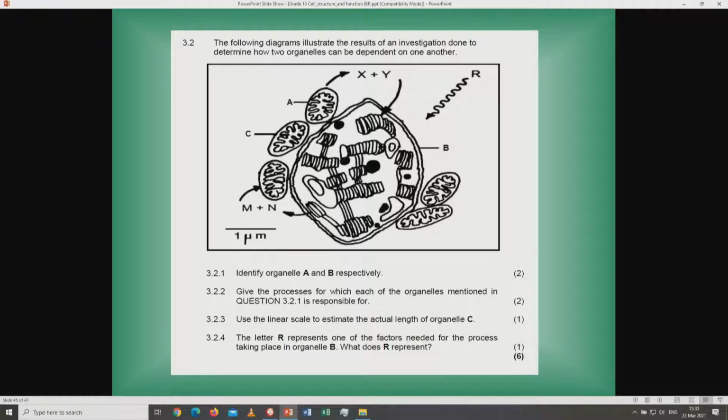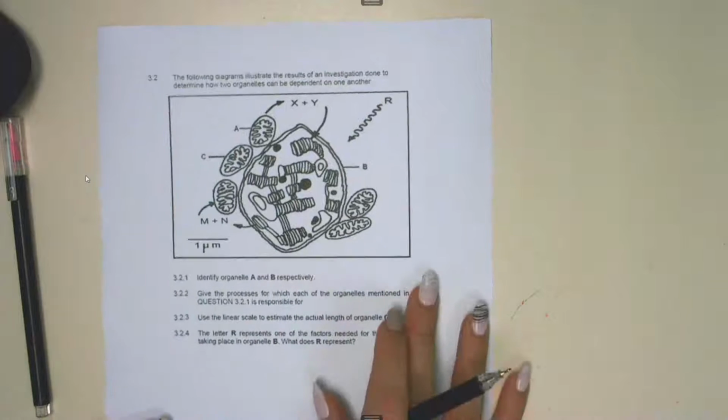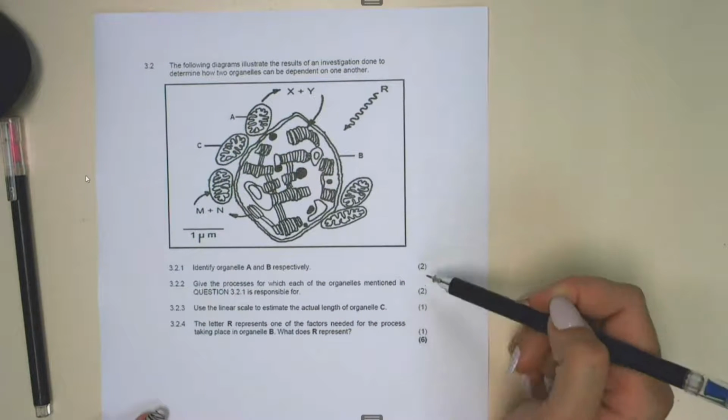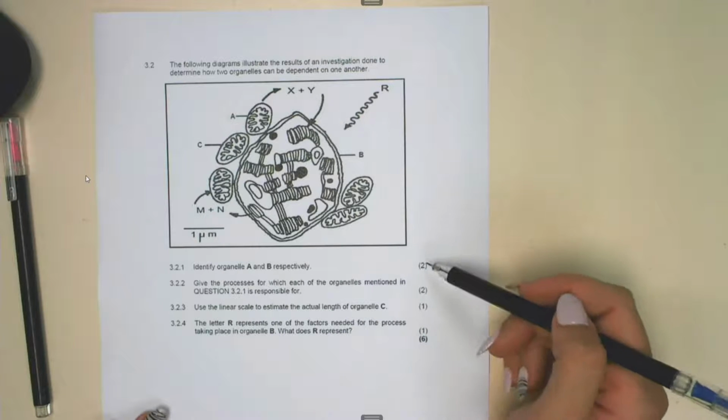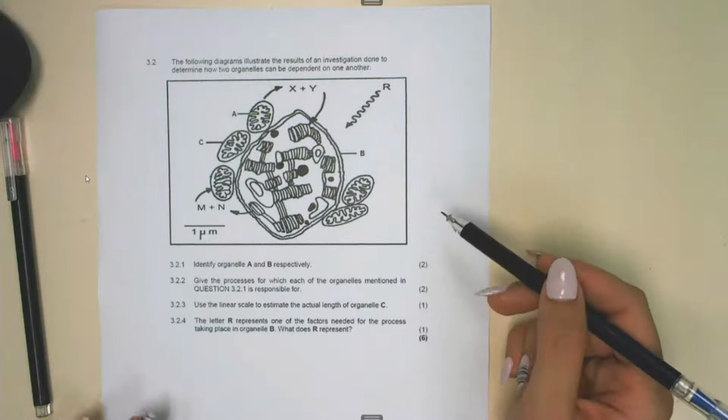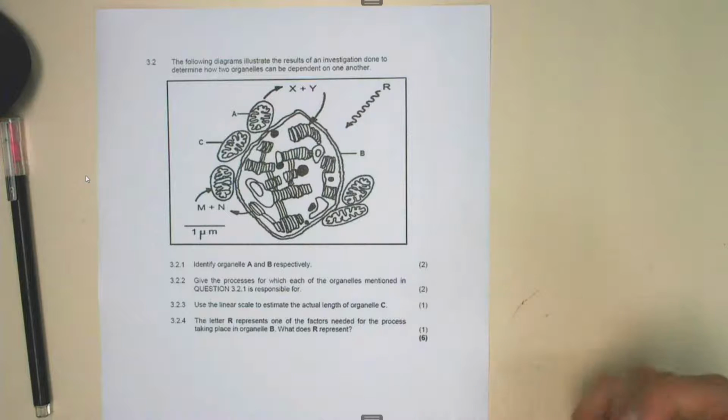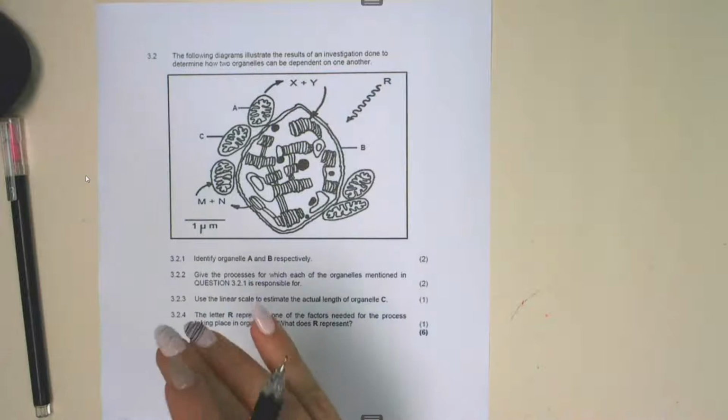So how do they depend on one another to do their certain functions, to provide for the cell, etc.? So these were really short questions, as you can see: 2 marks, 2 marks, 1 mark, 1 mark. Also beforehand, make sure what the mark count is, so that you don't write 4 or 5 sentences when they only expect 1 mark from you. So please, to the point, quick answers.